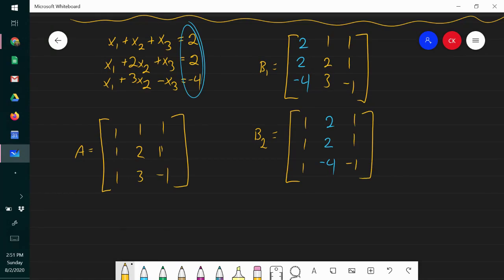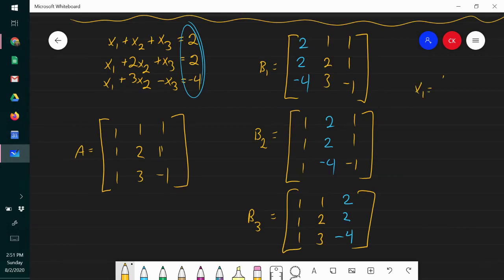And then we get this last matrix, B3, which is going to be equal to what we get when we replace the third column in the matrix A again with our solutions. So 1, 1, 1, 1, 2, 3, and 2, 2, negative 4. Then we can find the solutions x1, x2, x3 in the same way we did before.